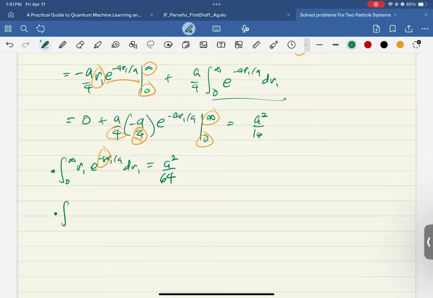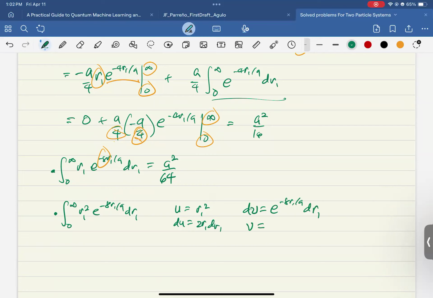Yung second integral, the r1 squared exponential minus 8 r1 over a dr1. If we let u be equal to r1 squared, then du is equal to 2r1 dr1. Ang dv is equal to exponential minus 8 r1 over a dr1, which means na ang v ay equals to negative a over 8 exponential negative 8 r1 over a.